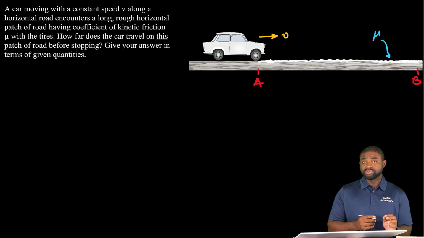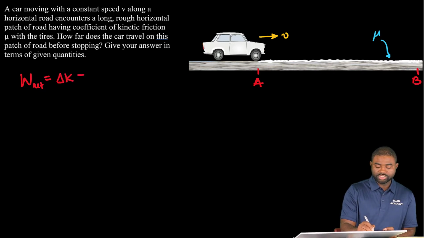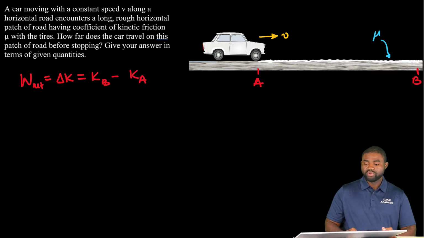By virtue of the Work Kinetic Energy Theorem, the net work is equal to the change in the kinetic energy of the car, which is just the final kinetic energy minus the initial kinetic energy. But the question is, how do we calculate this?